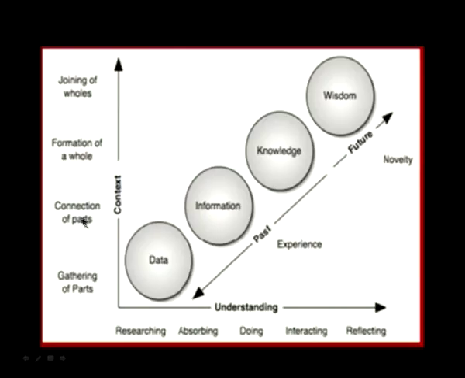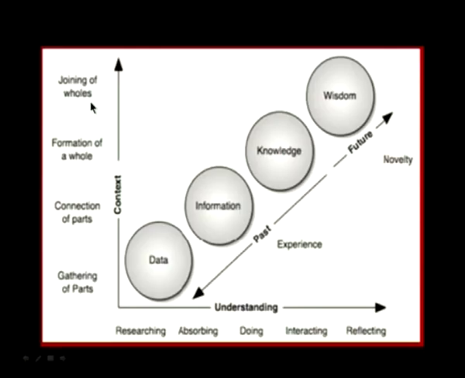Then knowledge is formation of a whole; the conceptual idea you are inferring, that formation is known as knowledge. Then wisdom is joining of wholes; you have different conceptual ideas and you are joining everything. This is the philosophy, this is the foundation, this is the actual principle. That is known as joining of wholes.